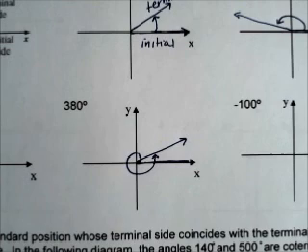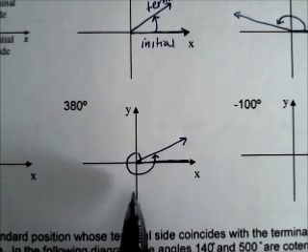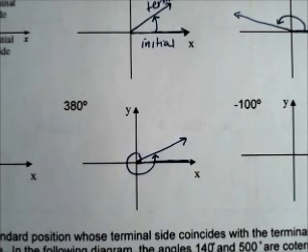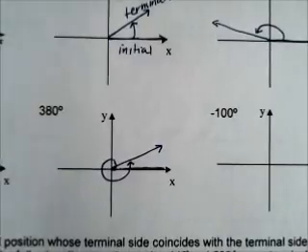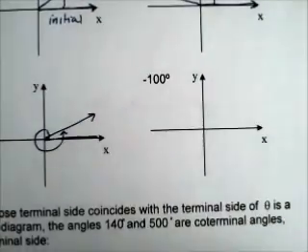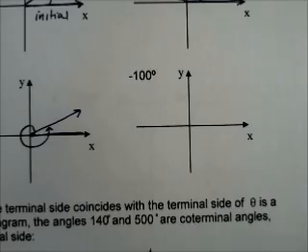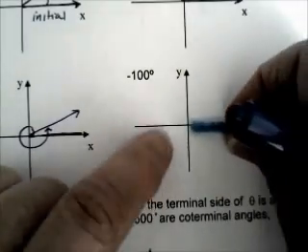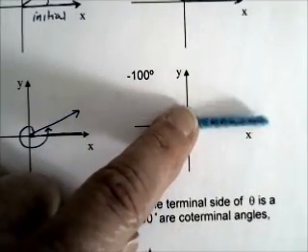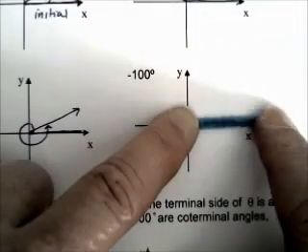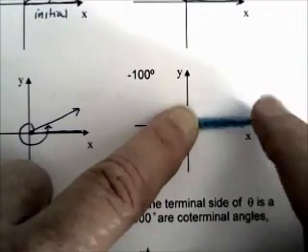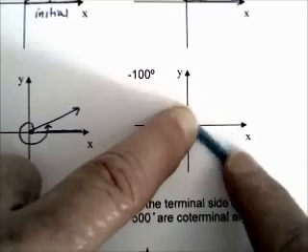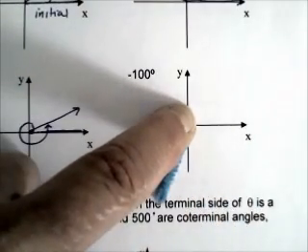And this is a 380-degree angle indicated here. Next, negative 100 degrees. Negative 100 means we would go 100 degrees in a clockwise direction. So starting with our initial side, always the positive portion of the x-axis, and now clockwise 100 degrees, there we are.